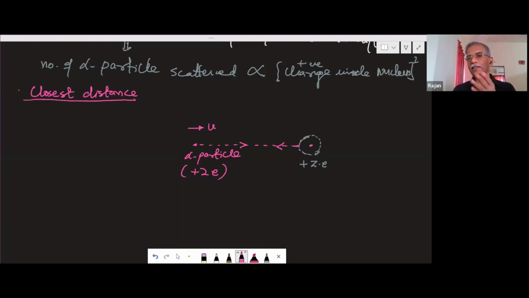You can ask, there are so many protons inside the nucleus, all positive, so why do they not repel and come out? Because of the nuclear forces. Here Coulomb's law will fail and only one force will act, the nuclear force, which is attractive in nature.